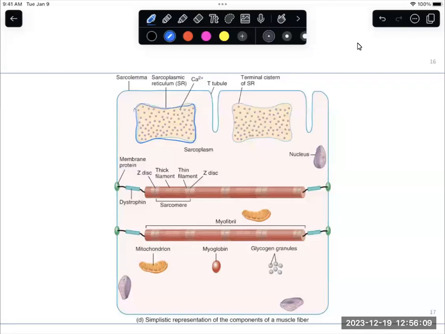All of those little purple dots are our calcium ions that we have stored within this muscle cell. We have each of these individual myofibrils here. This is the contractile unit of that muscle cell.